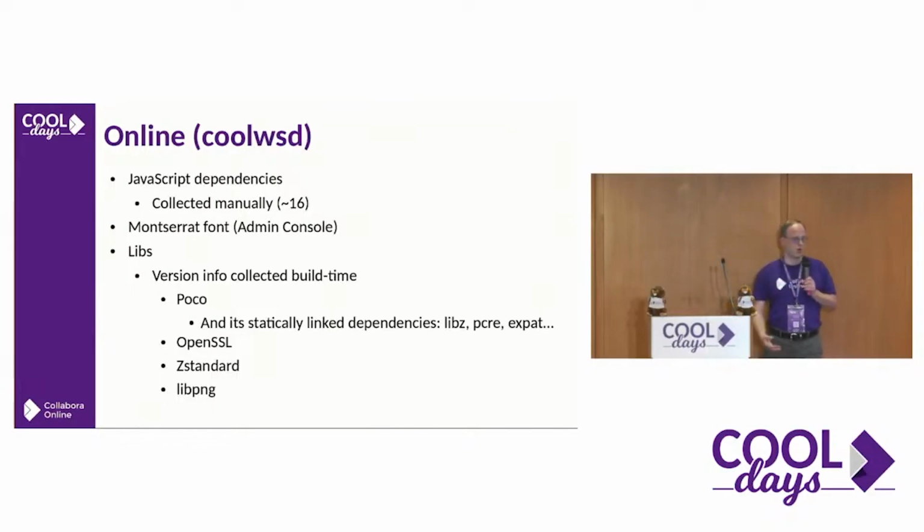The Poco, it also has its own dependencies that we also statically link, and the OpenSSL, the Z-standard compression library, and the libpng. So this is relatively straightforward, and we can extract the version info at build time. So we always have the right version that we actually link.